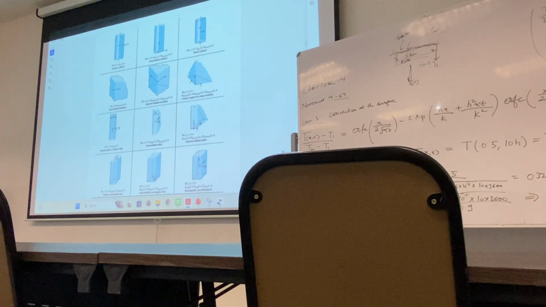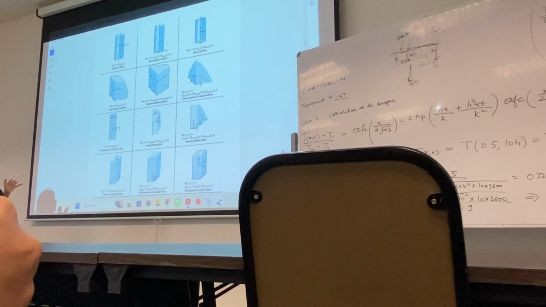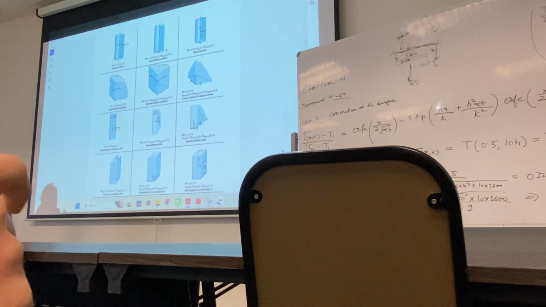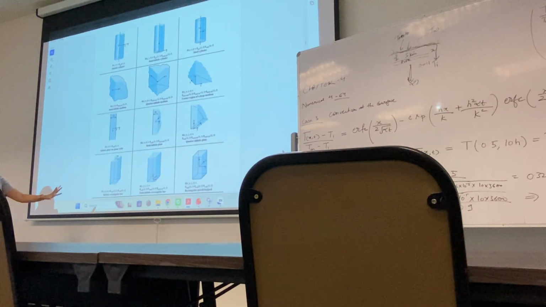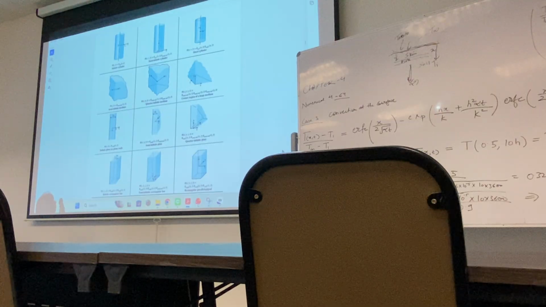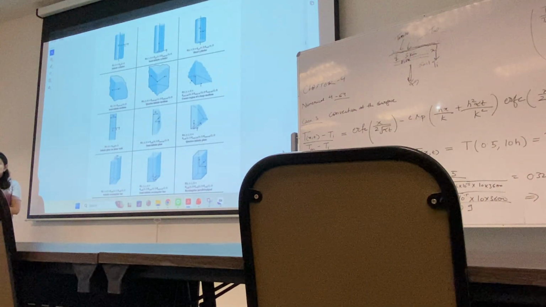So this is a table here. They have shown you some shapes, okay, which are normally heat transfer is studied in, and you can study the heat transfer in one dimension, two dimension, three dimension based on these shapes. You can just multiply. Okay, so let's say the first one is infinite cylinder. It's a cylinder, and you have to study the heat transfer in one dimension.